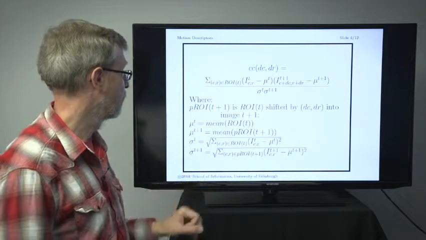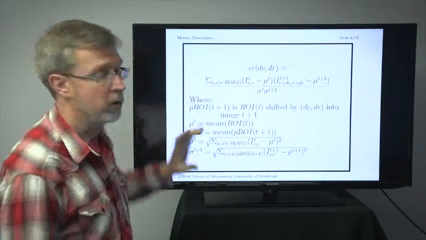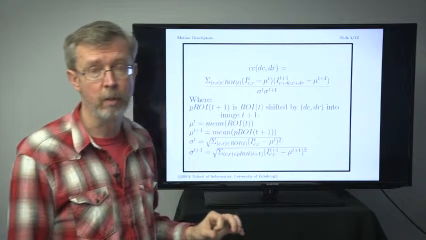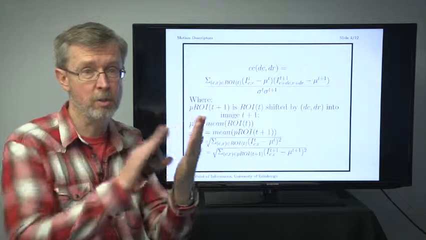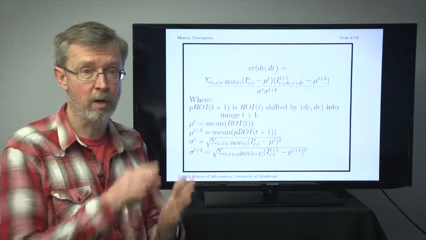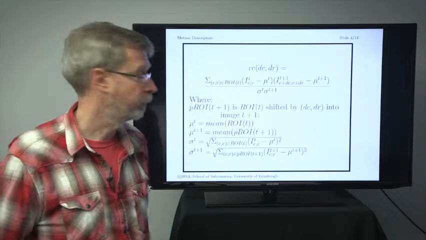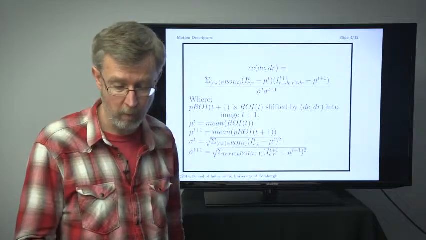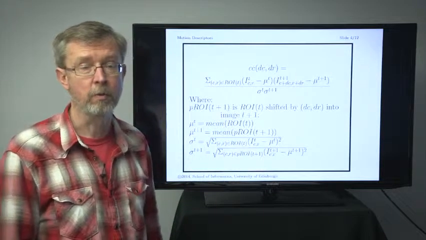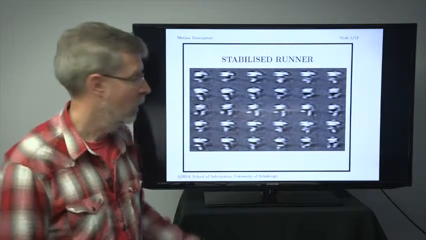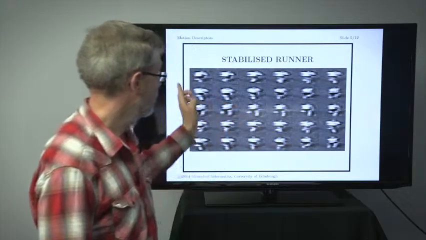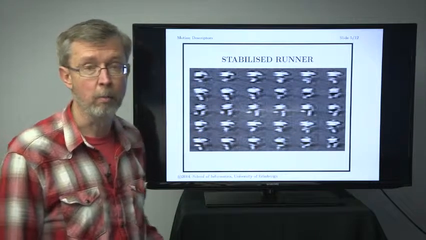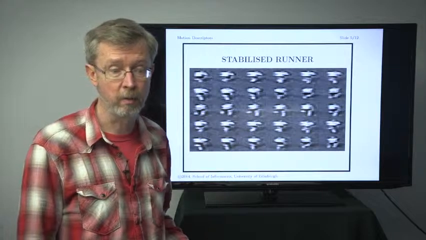I'm not going to go through all the formulas, but that's the basic idea: we're going to do a cross correlation between the two image boxes to maximize the matching, and that will give us the offset that allows us to align all of our individual frames together to stabilize the image. And that's what gave us this mosaic of all these stabilized runners that we saw previously.